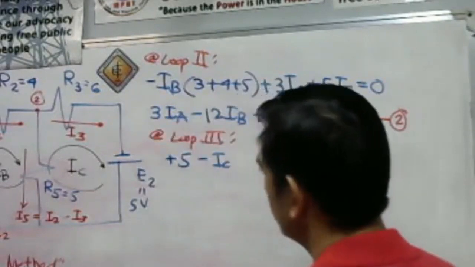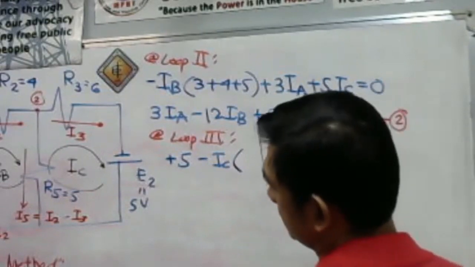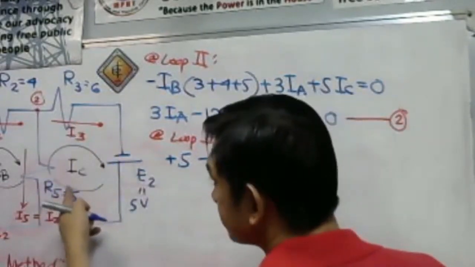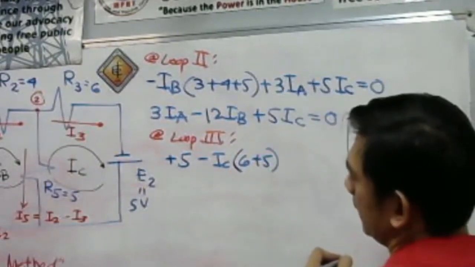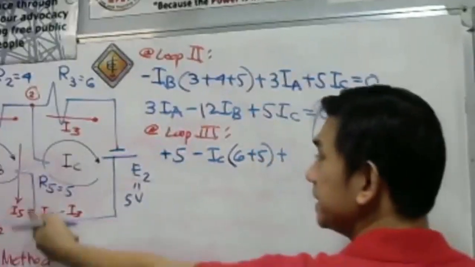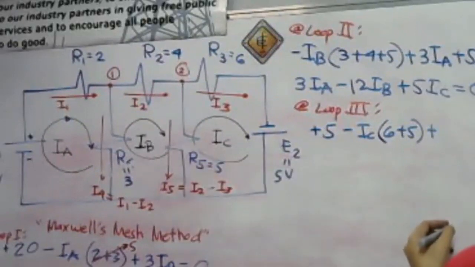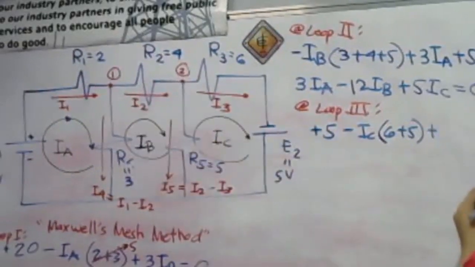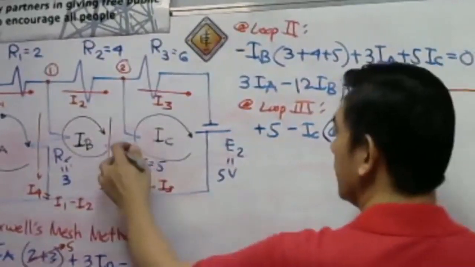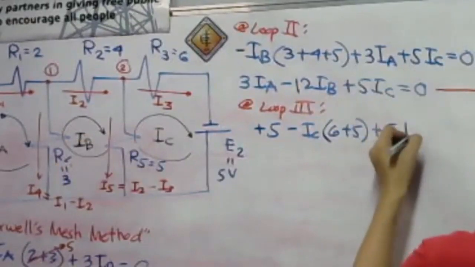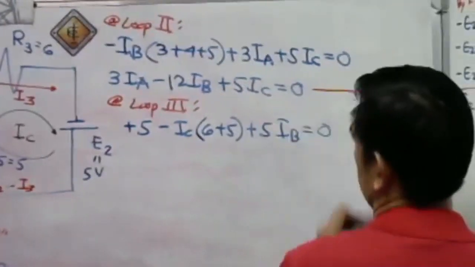So we have minus IC multiplied by the loop resistances. What are these? 6 plus 5. And then plus the adjacent or common resistor, which is 5, common to loop 2 and 3, multiplied by I sub B. That is equal to 0.